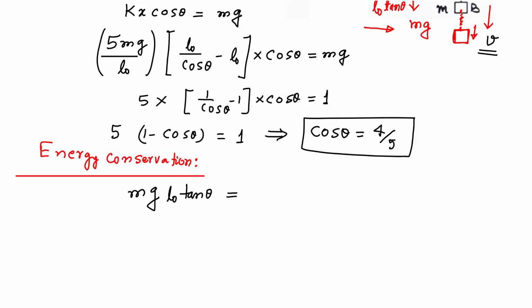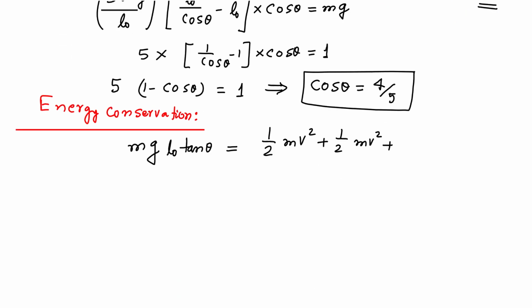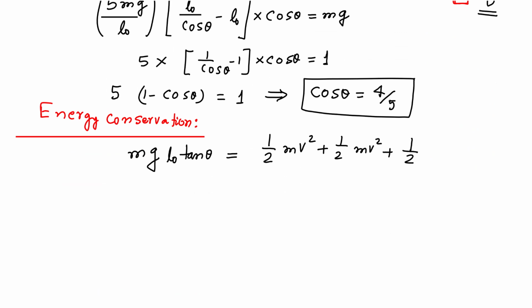So loss in potential energy is equal to gain in kinetic energy, half mv square for one block and half mv square for the other block, plus some part of this loss has gone to the potential energy of the spring. What is the potential energy of a spring? Half kx square.